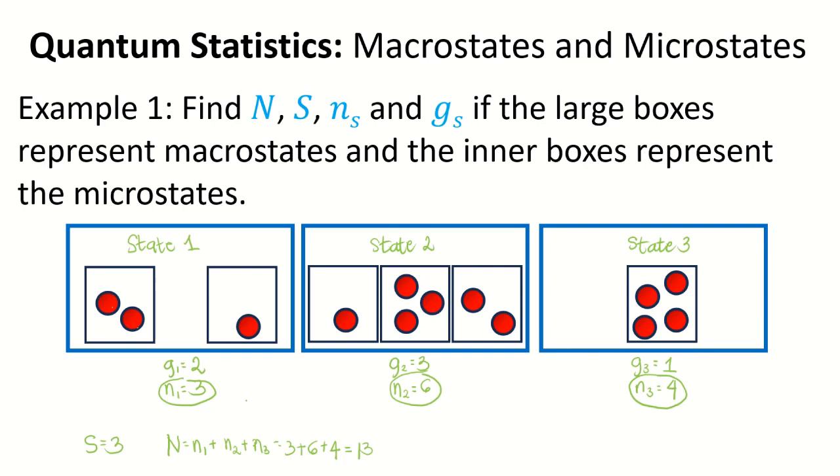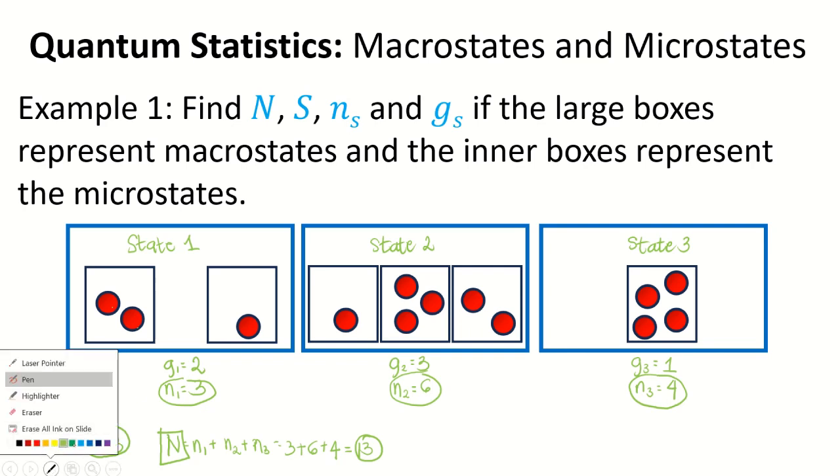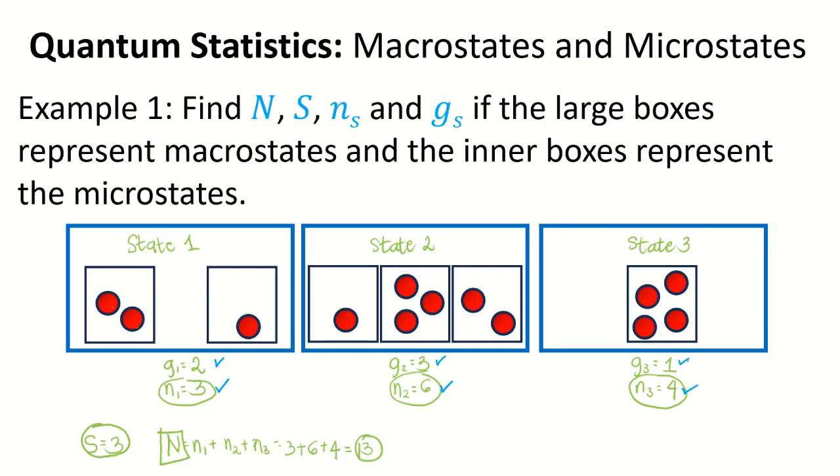So now we have found the total number of particles N, which is 13. Capital S, which is equal to 3, and all the N sub S, as well as all the G sub S. That solves example number 1.